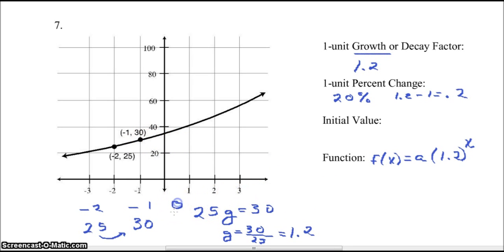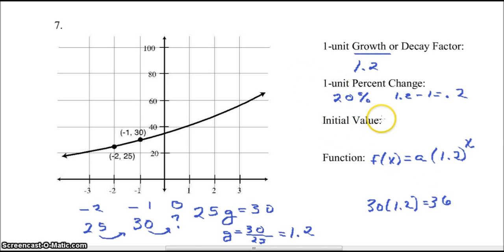So if we wanted to find the output that goes with 0, we can simply multiply 30 by our growth factor, by 1.2. And we get 36.